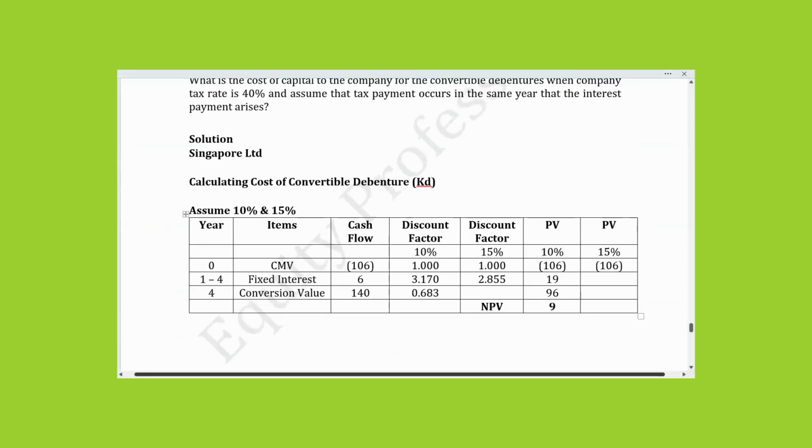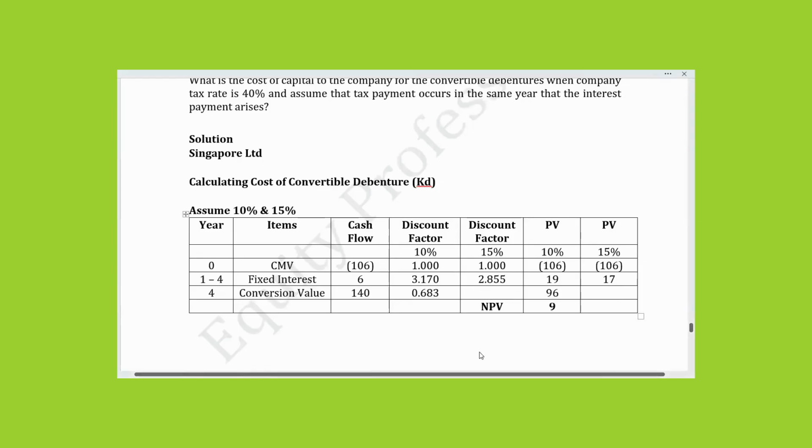So we then multiply to get the present value. That would be 2.855 multiplied by 6. That will give us 17 naira rounding. Then we also calculate the discount factor of year 4 at 15%. That is 1.15 raised to power minus 4.